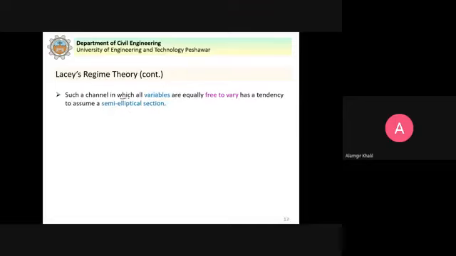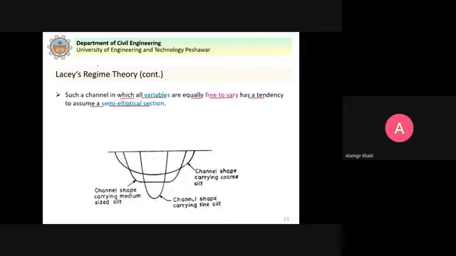Such a channel in which all variables are equally free to vary has a tendency to assume a semi-elliptical section. This is what the Lacey regime theory says.